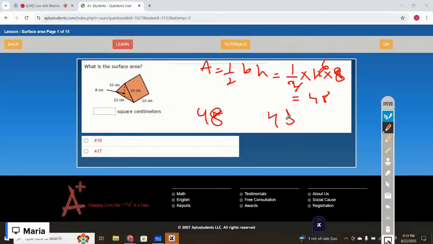Now let's look at this rectangular face. That is 10 times 10. 10 times 10 is 100. So the other side has exactly the same area. Now calculate the area of the base, that is 10 times 12, so 120. Let's just add now all the areas. They are 100 plus 100, 200, 320 plus 96.